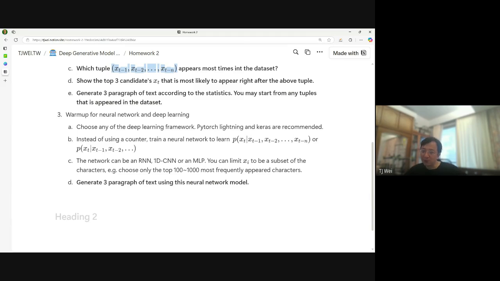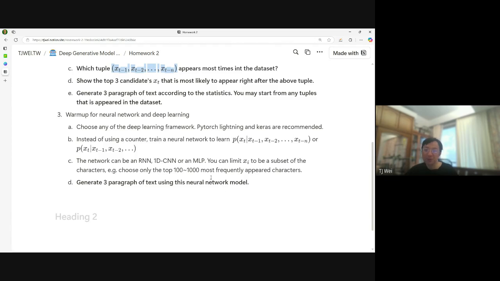If you prefer LSTM, that is fine. But GRU is a little bit easier to train in my experience. Okay, so instead of using a counter, you train a neural network to learn the conditional probability. And the only hard requirement is to generate 3 paragraphs of text using the neural network model.